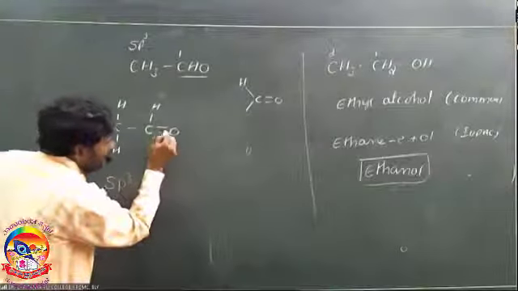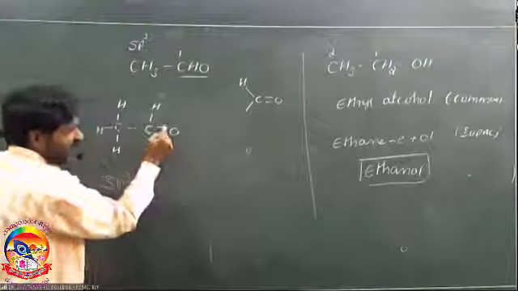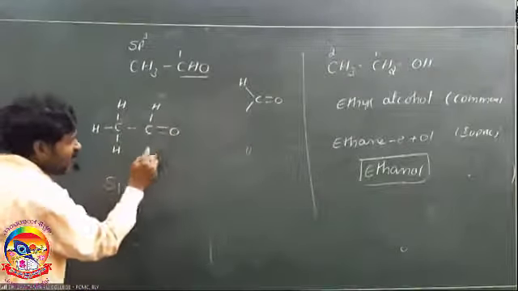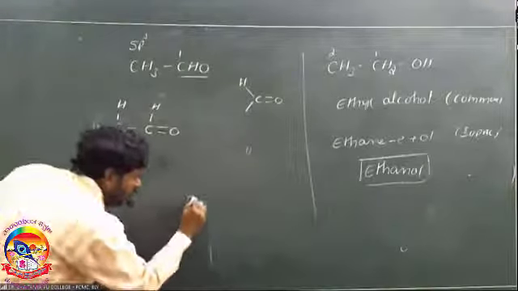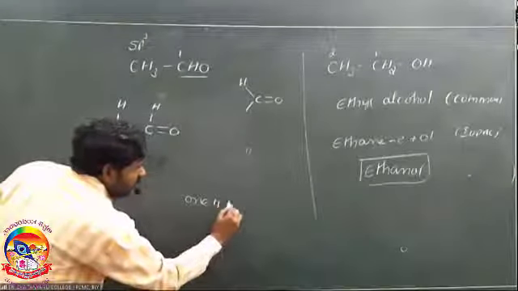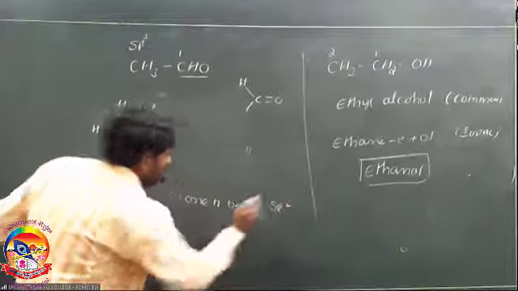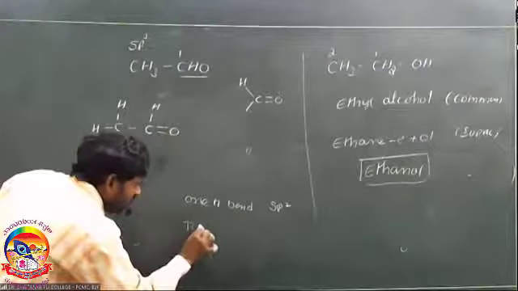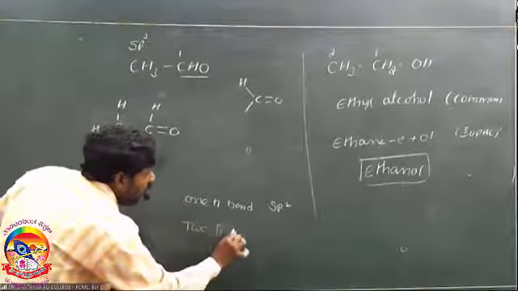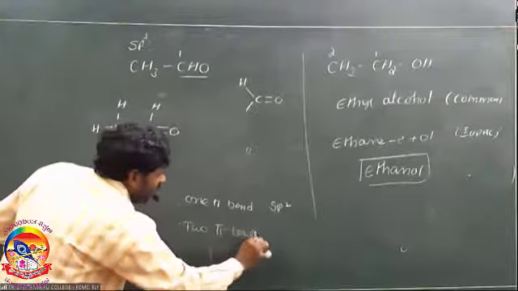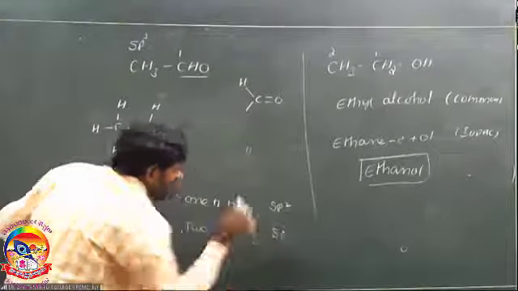Out of these two bonds, one is sigma and the second one is pi bond. The carbon attached with one pi bond has sp2 hybridization. The carbon attached with 2 pi bonds has sp hybridization.